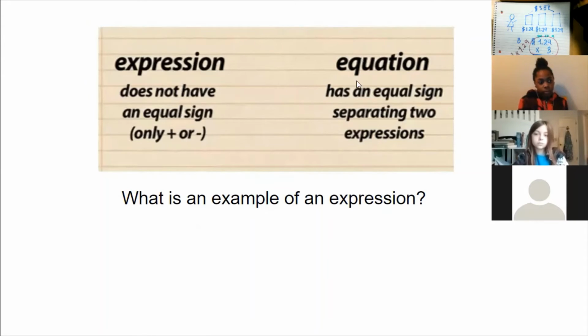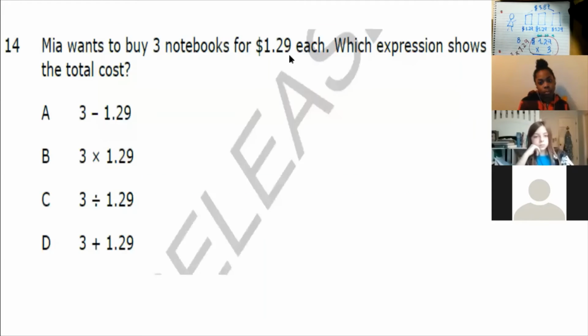In 6th grade, you will. You kind of have, you just don't notice, but the expression is just what you want to show, how you want to solve it, without the equal sign. And the correct answer is 3 times $1.29.